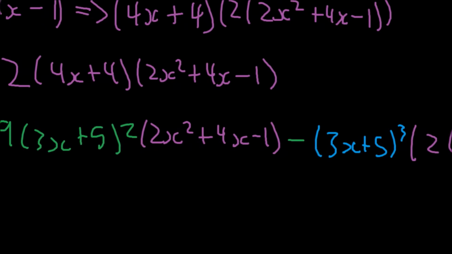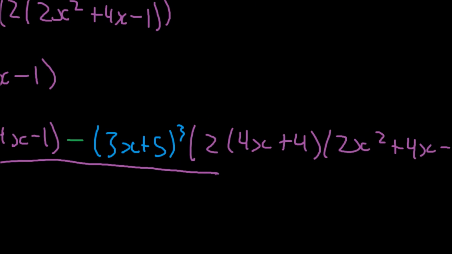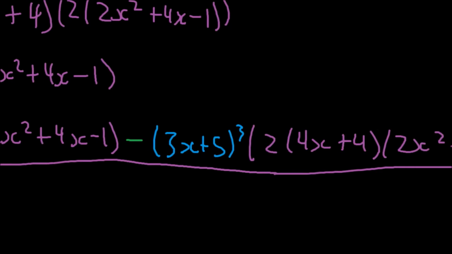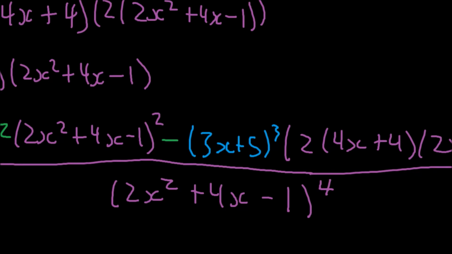And then all of this, it's a big ol' fat division by the purple function, all squared again. Oh, I always forget that. So 2x squared plus 4x minus 1, and when you square, it becomes to the 4th power, which is just insane.